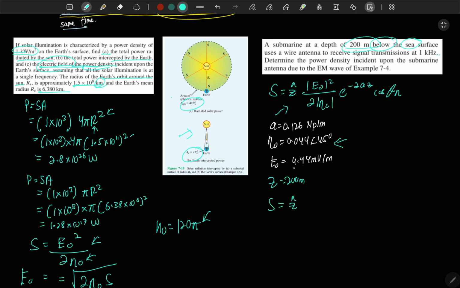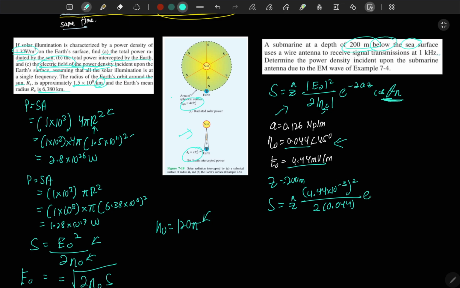We have our data here, so we just rewrite the equation with the data we have. So E naught, do we have the E naught? Yes, we have. 4.44 millivolt is 10 to the power of negative 3, and this should be squared. Now 2 and eta c was given as 0.044. The angle we will be saving for later because it asked for the angle.